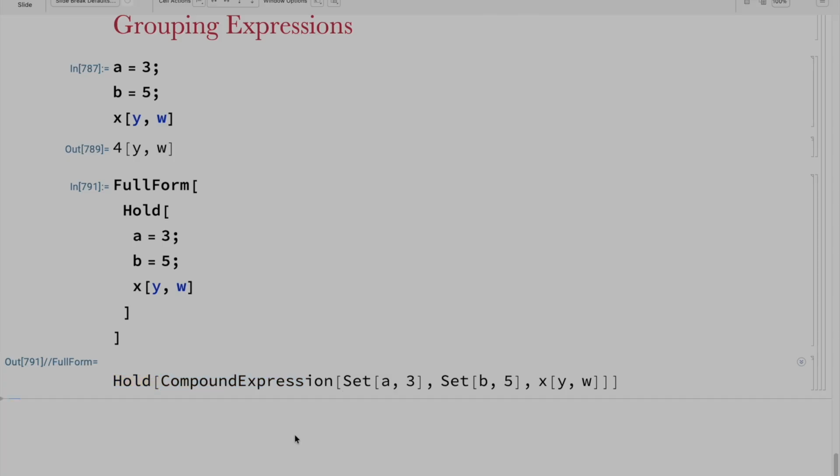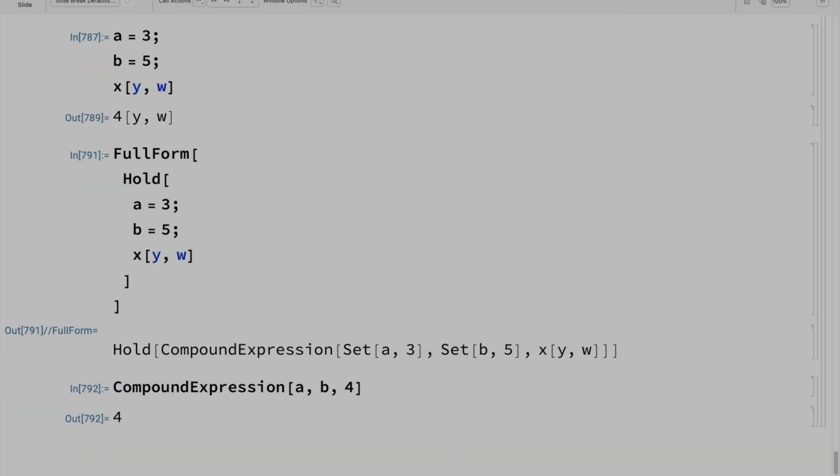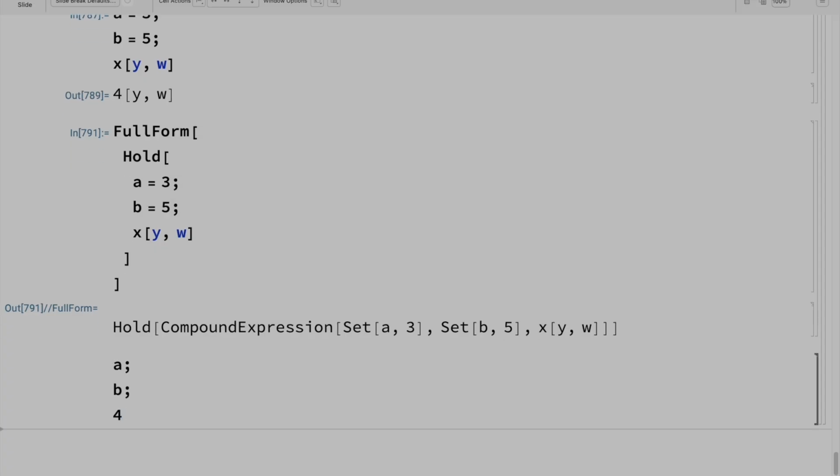I could have said CompoundExpression and then A, B, 4, and I will get only the last one. Only the last one is the result of this expression, but this is exactly equivalent to the syntactic sugar of A, B, and then 4, and then Shift Enter.